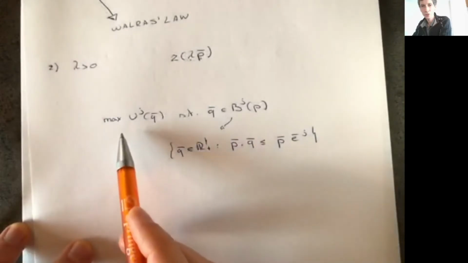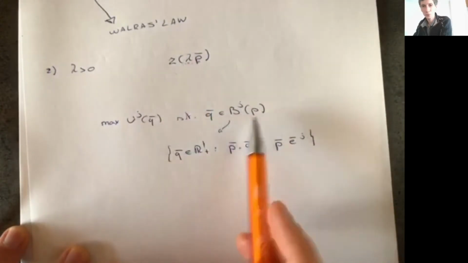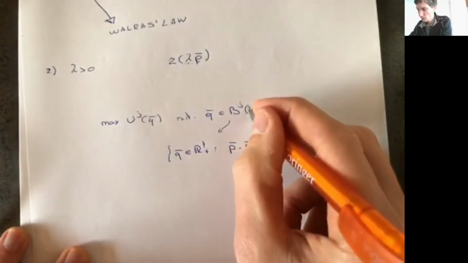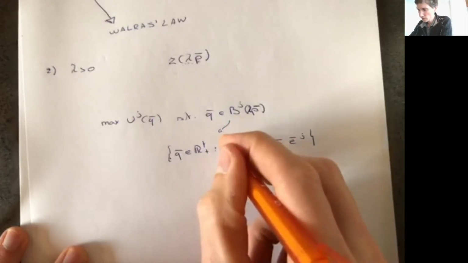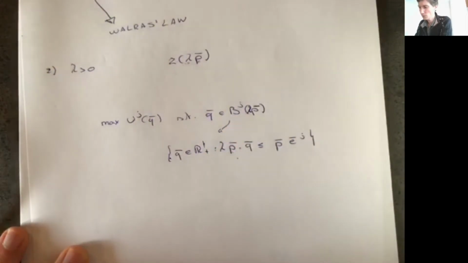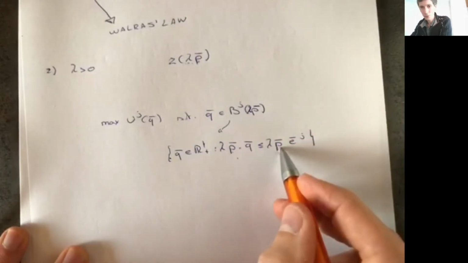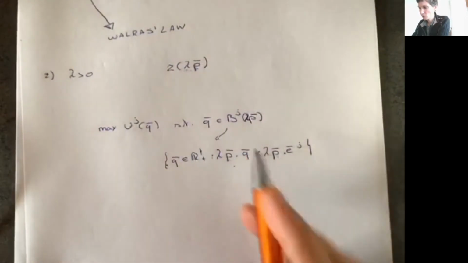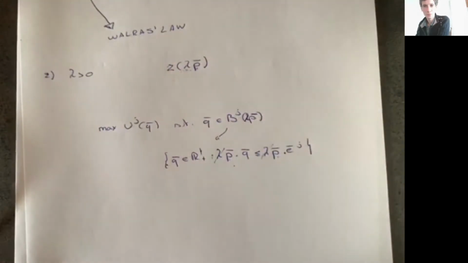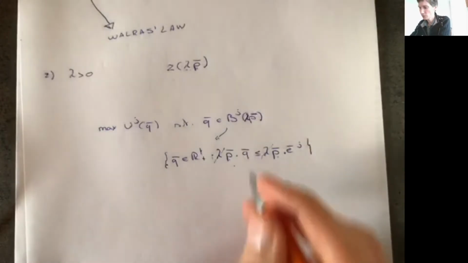Okay, so what changes when I do this for this maximization problem? Well, I have to look at the budget set where all the prices are multiplied by some number lambda. So if I do this here in the budget set, I have to multiply these prices by some number lambda, and I have to multiply these prices by some number lambda, right? So these are the same price vector. And I see that actually when I do this, I can delete them both, right? So in some sense, it doesn't matter if I multiply all prices by the same number, I get entirely the same budget set.